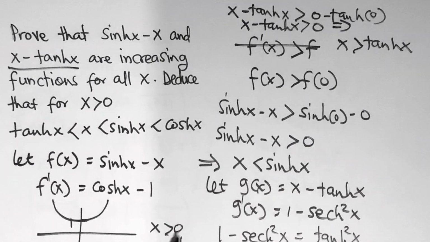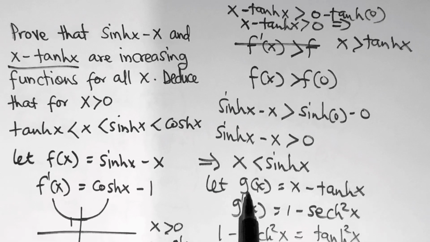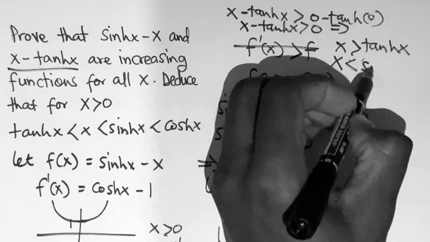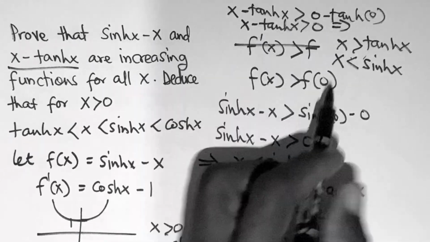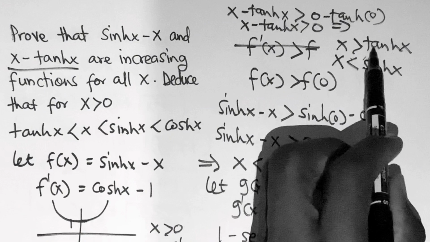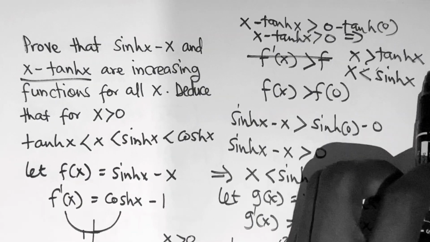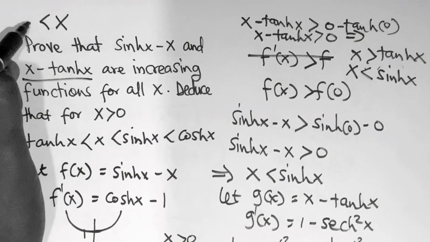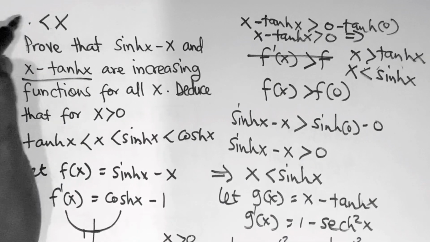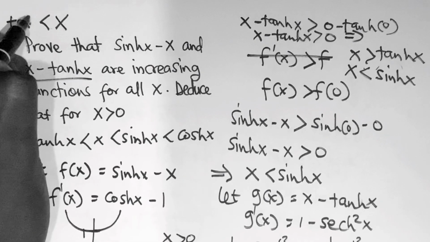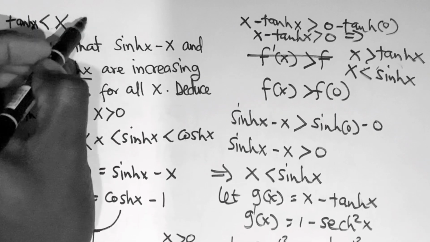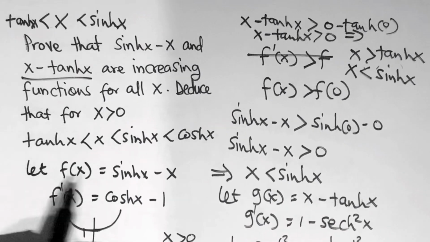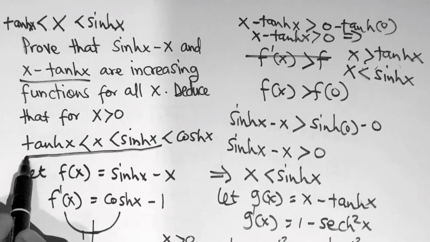So now, in one breadth of our proof, we see that x is less than hyperbolic sine x, and x is greater than hyperbolic tan x. So it means that x is greater than hyperbolic tan x, but x is less than hyperbolic sine x. And so we have proved all of these parts.